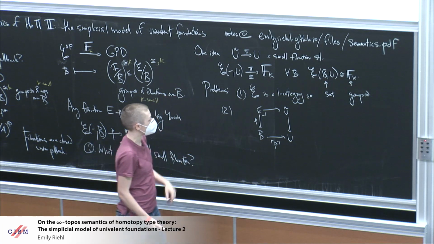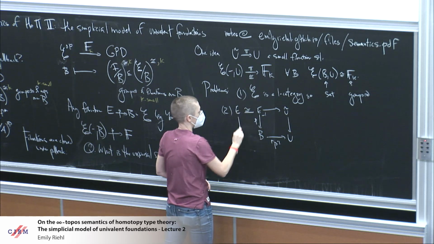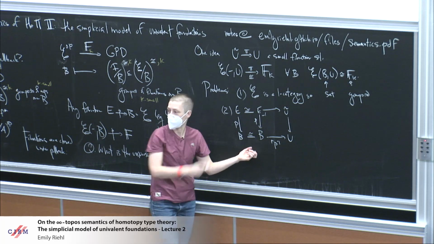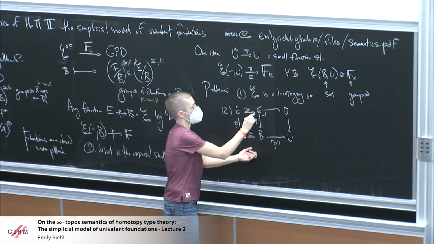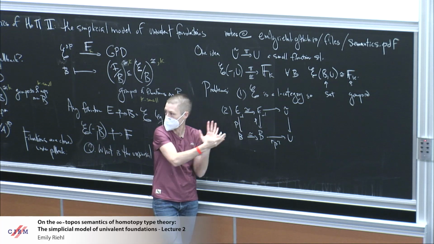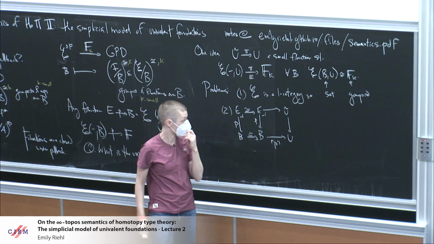But the same fibration could conceivably be classified by multiple maps if there are any non-identity isomorphisms between the fiber and the base. And when I compose these pullback squares, I get a different classifying map for the same fibration.